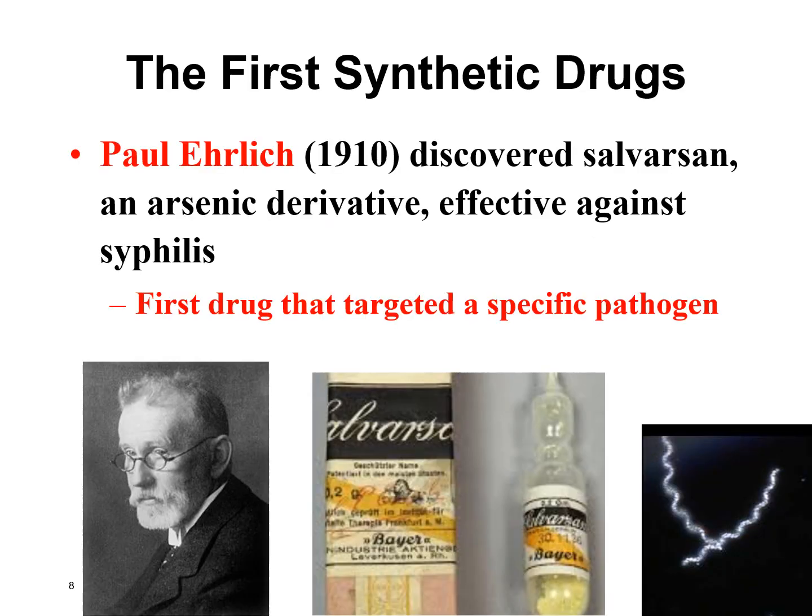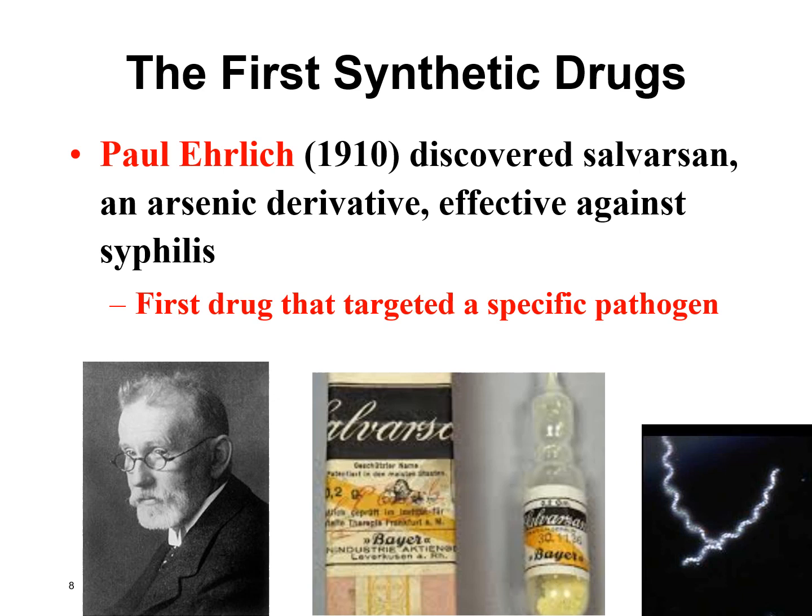Okay, the very first antimicrobial drug that was ever used was developed by a German scientist named Paul Ehrlich in 1910, and he discovered a drug called salvarsan. It was made from an arsenic derivative, and arsenic is very toxic, it's a poison, and he used it to cure syphilis.